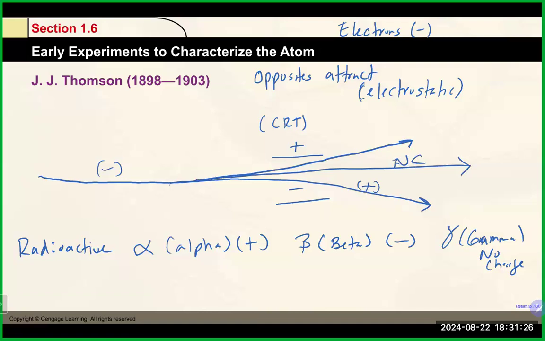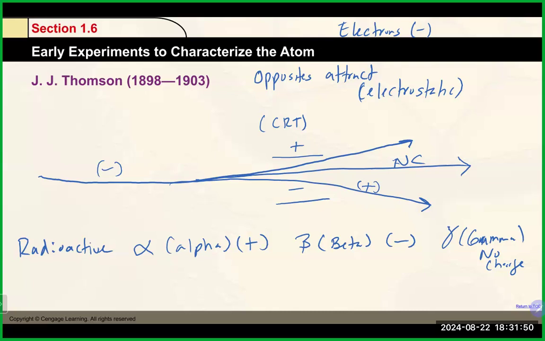So a lot of these experiments used to explore the atom use things like electrical fields and magnetic fields to take advantage of these charged radioactive particles. It also allows you to know what's going on inside the atom, right? Because how the atom reacts to things with charges heading at it will explain maybe what type of charges the atom has.